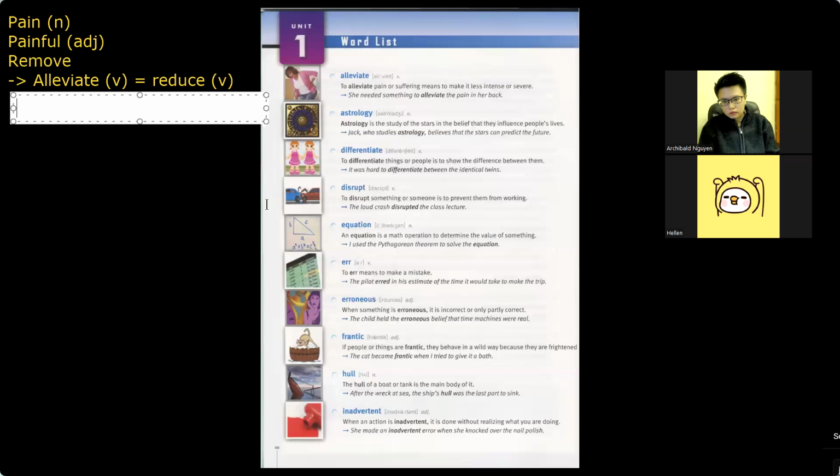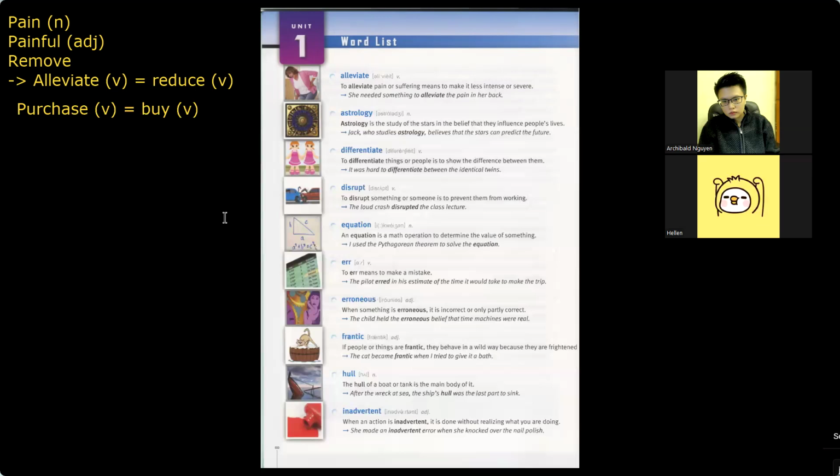We have the word purchase. We don't say buy because buy is a basic word. Where should you go to purchase medicine? And should you go to the hospital to have a health check? Let's go.